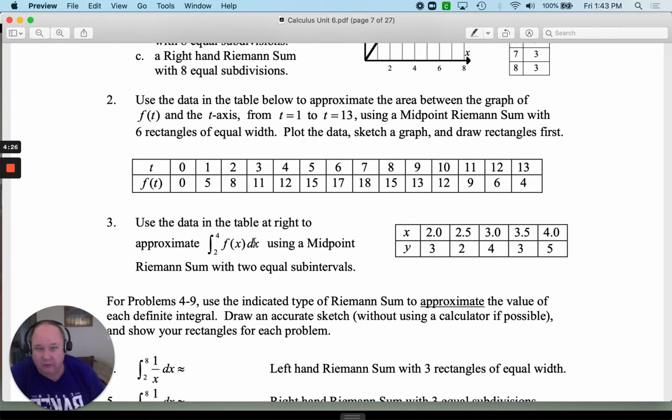So this goes from 0 to 13. I'm going to draw a graph. It goes up to 18 as the greatest value, so I'm going to count by 3s.